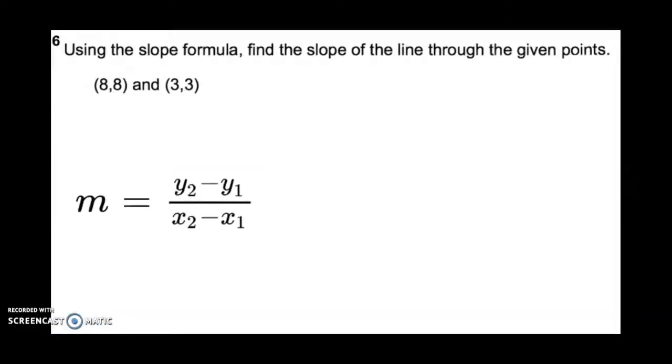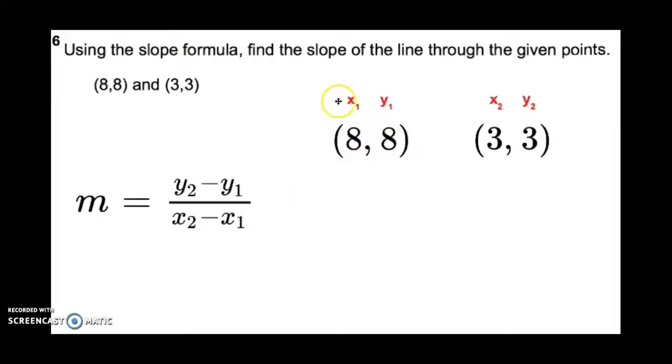First, write down the slope formula: y2 minus y1 over x2 minus x1. Now we mark the first point as x1 and y1, the second coordinate as x2 and y2. All that means is that this is x and y of the first coordinate, and this is x and y of the second coordinate. Now we substitute everything in.